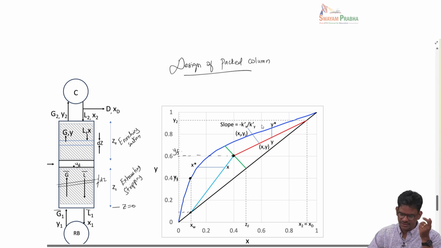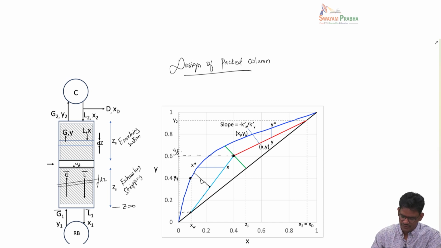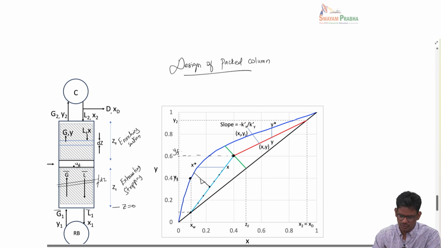If I start from here, I need to know the slope. The slope is nothing but minus kx prime by ky prime, and so we choose several points along the operating line and draw these lines, and those will give you xi and yi. Those are the interfacial concentrations.